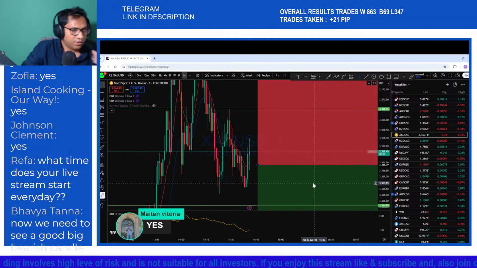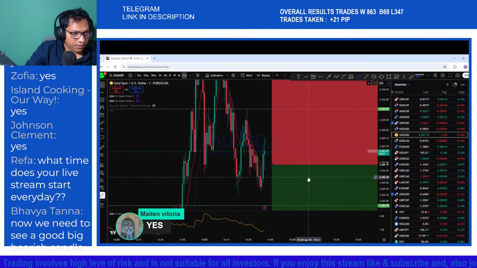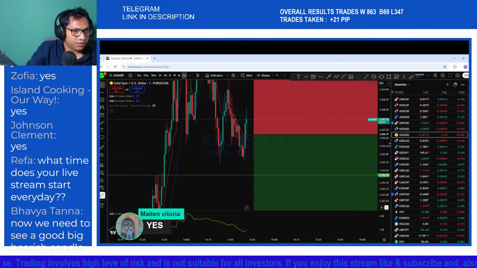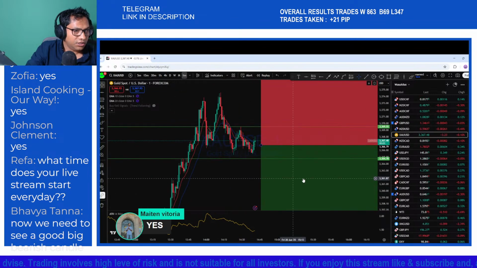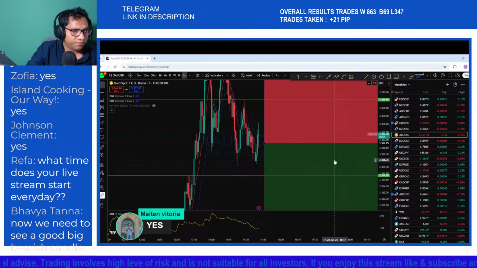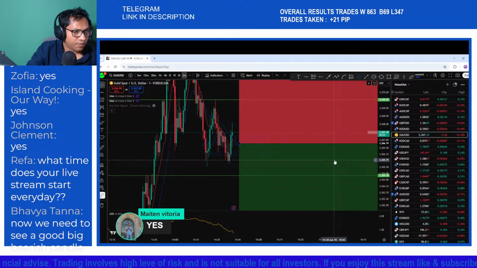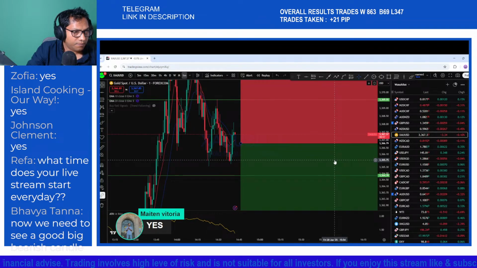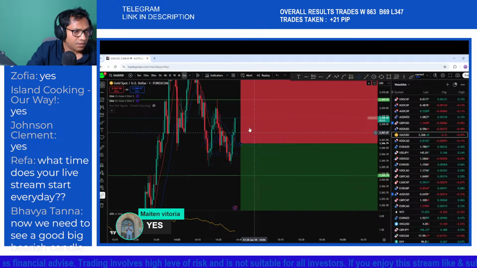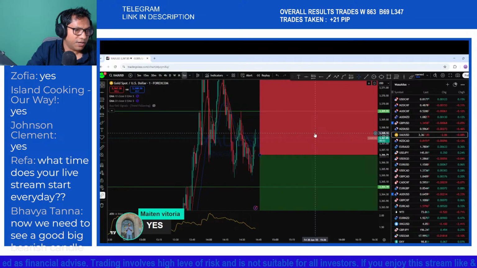Okay, now here is the doji. That doji being said, okay, it's trying to push back up.